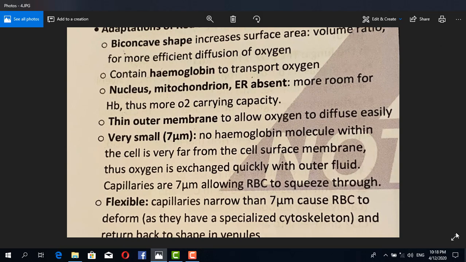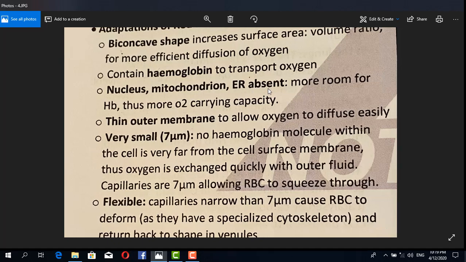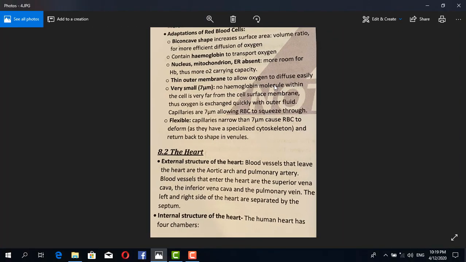First of all, the biconcave shape increases the surface area to volume ratio for more efficient diffusion of oxygen. They contain hemoglobin to transport the oxygen. Also, the nucleus, mitochondria and endoplasmic reticulum are absent, giving more room for hemoglobin, thus more oxygen carrying capacity.